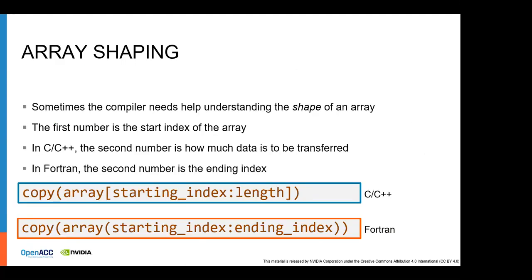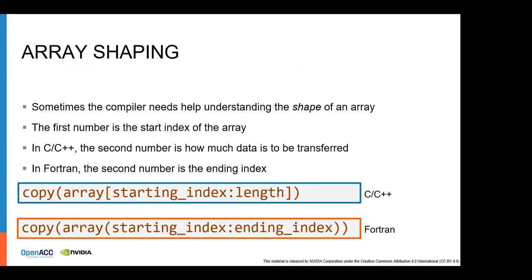Array shaping. So how to tell the compiler what it has to copy from CPU to GPU and back and forth. If you are in C, you give the starting index and you give the length.